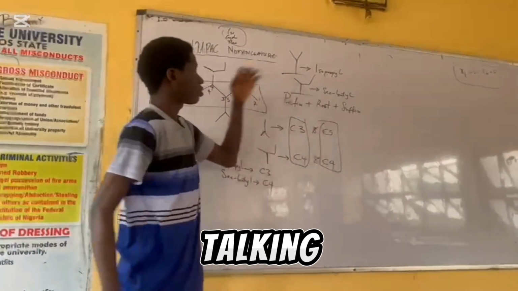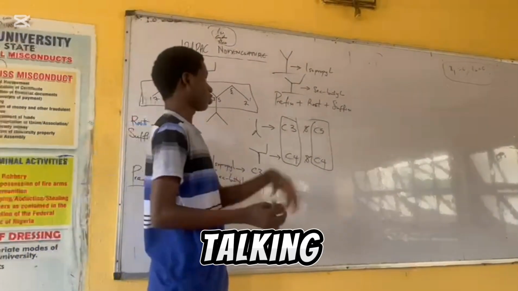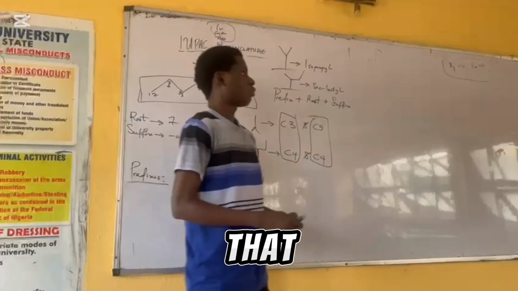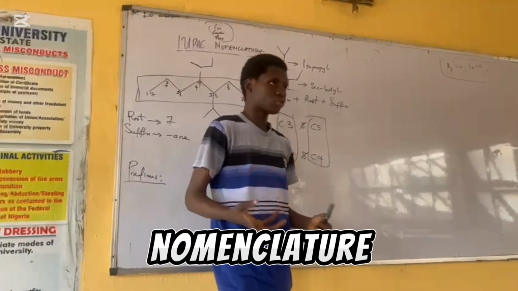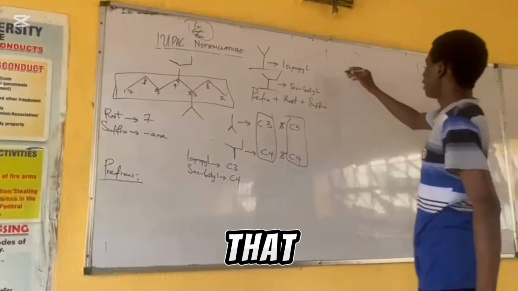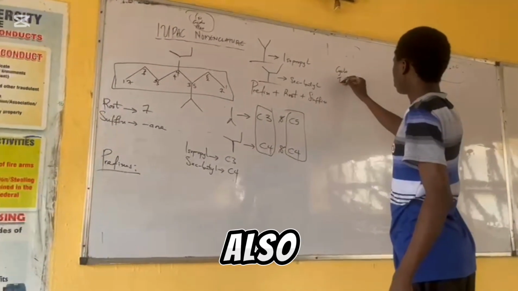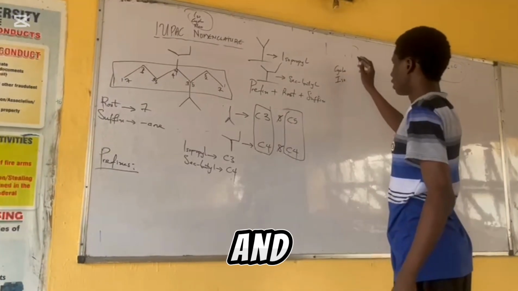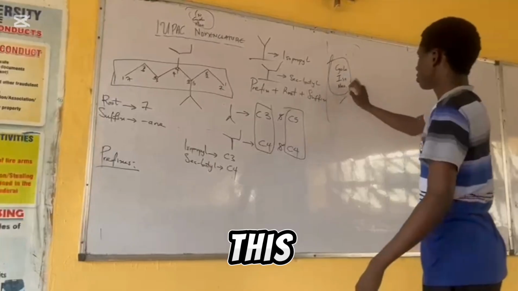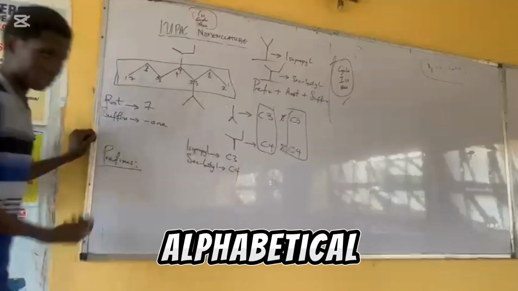You have to know that we are talking about alkyl patterns: sec, iso, cyclo, and neo. When it comes to IUPAC nomenclature and we consider alphabetical order, we consider only cyclo, iso, and neo. Anything apart from these, we do not consider in the alphabetic order.